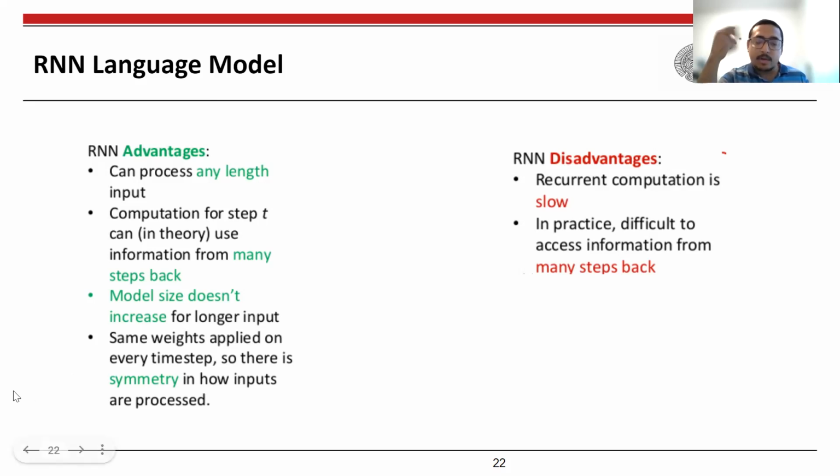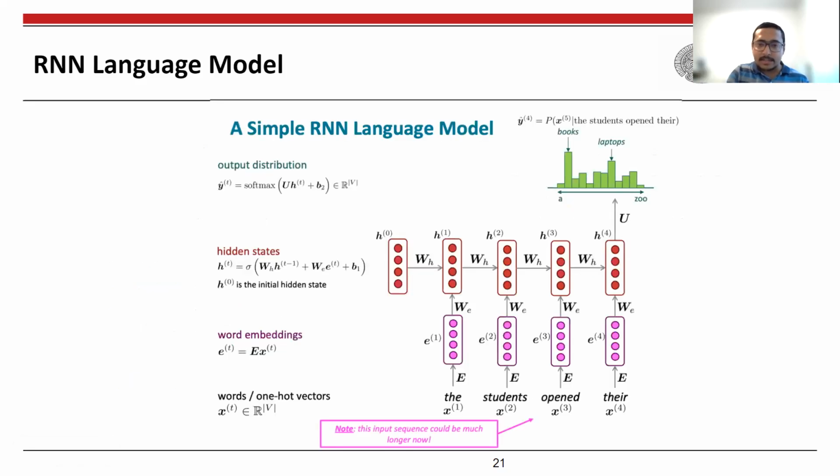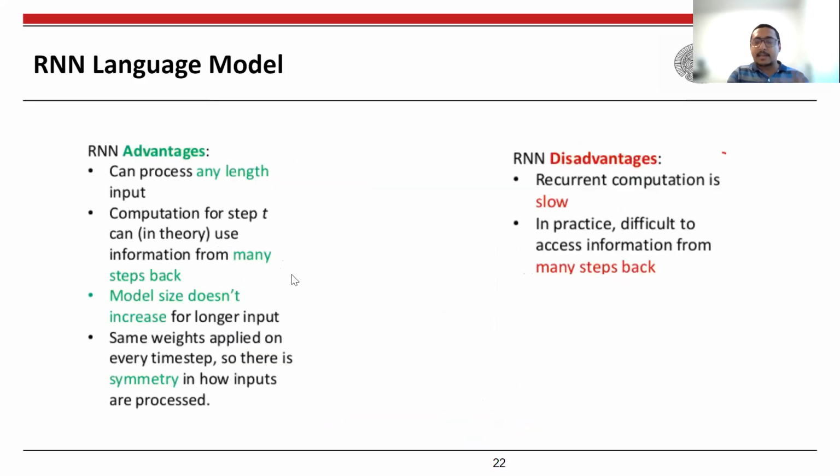But practically, what we see is, when you're computing, let's say, h2, you need to have already computed h0 and h1. Again, when you're computing h3, you need to have computed h0, h1, and h2. So because it's a recurrent relation, there is a dependence, and because of this it is very slow.